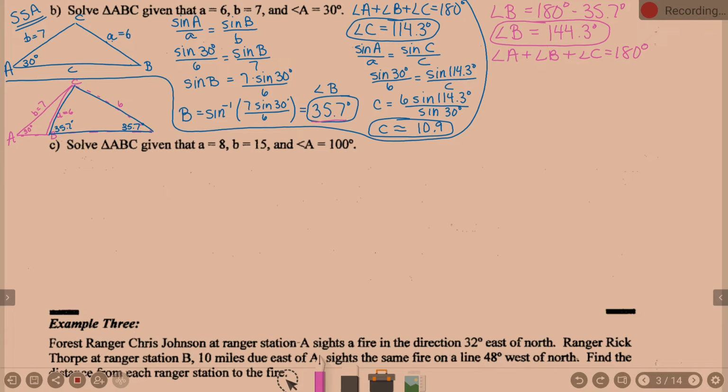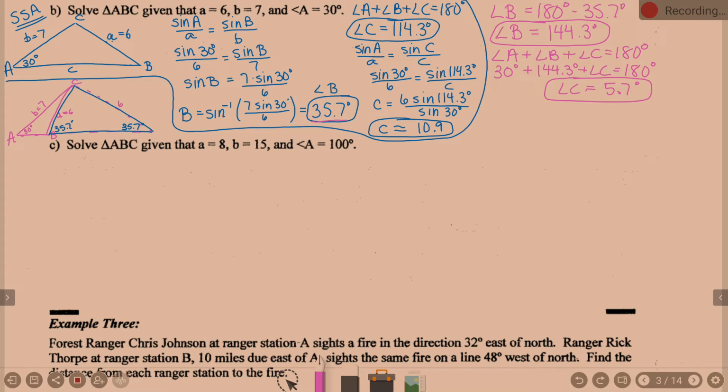So you're still using the 30 degrees, but now my B is 144.3. So my new angle C on the second triangle is 5.7 degrees.